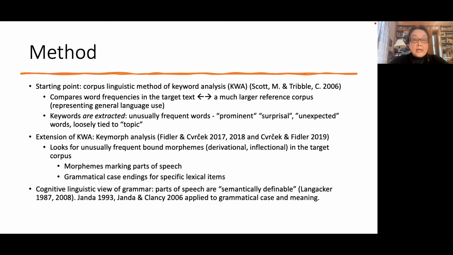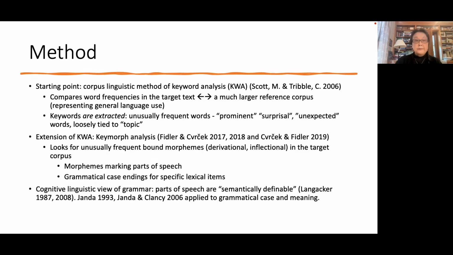This is keyword analysis, and it's commonly used in corpus linguistics. What I'm going to show you is an extension, another extended strand of keyword analysis, and we call it key morph analysis. It looks at unusually frequent bound morphemes, impoverished morphemes, in the target corpus.